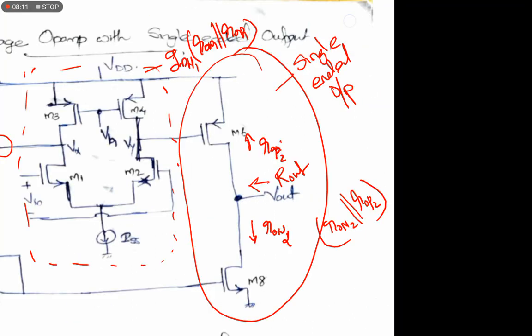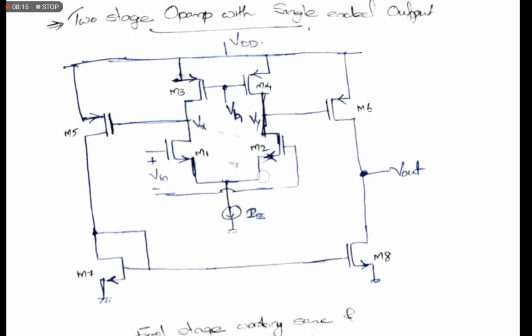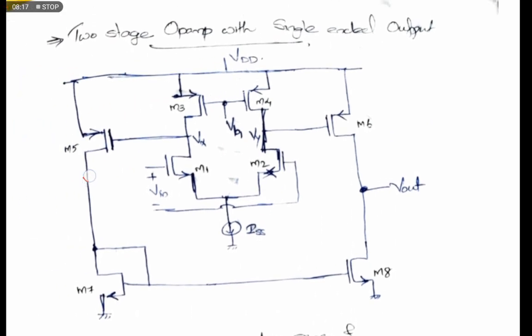In this configuration, I clear all. Due to this circuit, the current at this point is GMP5 Vx, and this current is GMP6 Vy, and we need to find the short circuit current to evaluate the effective transconductance with respect to Vx and Vy.